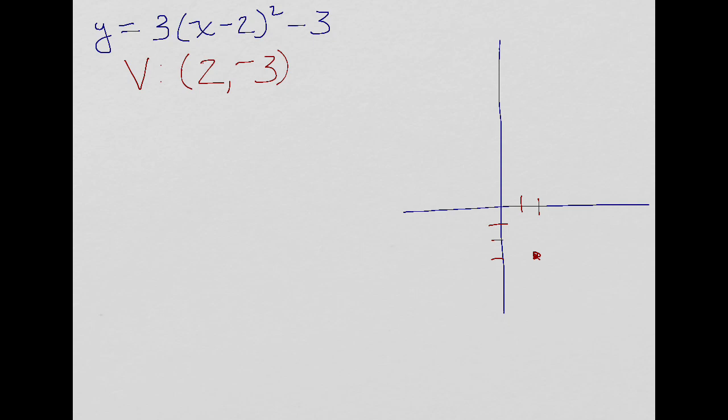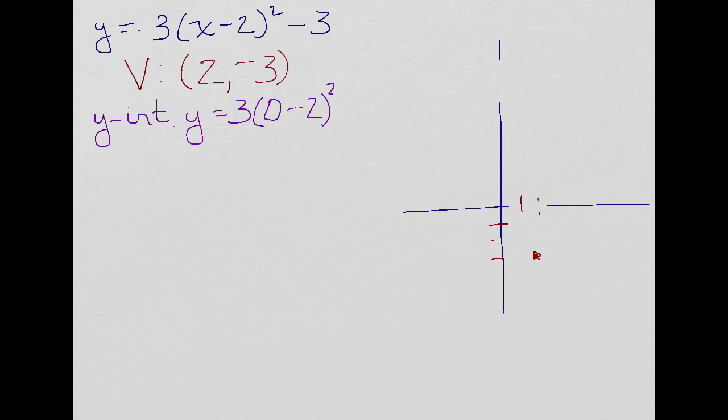My y-intercept, I'm going to find, as always, by making x be 0. So y equals 3 times 0 minus 2 squared minus 3, because any point on the y-axis has an x-coordinate of 0. Everything else is the same.